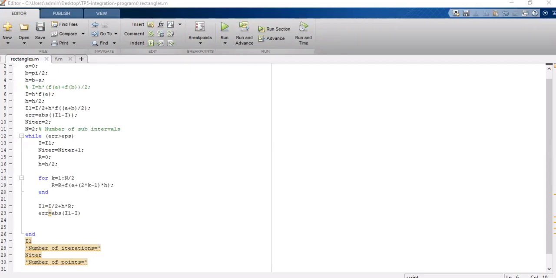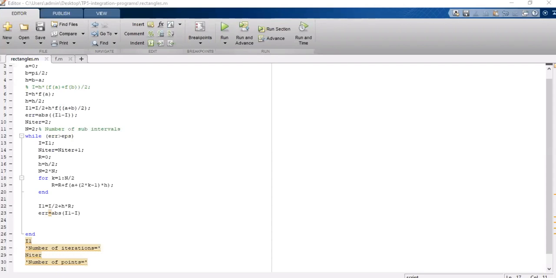So we get 16 for the number of iterations. That's why we get the wrong result here. Now we get 14 for the number of iterations, and we get I1 equals 0.999.